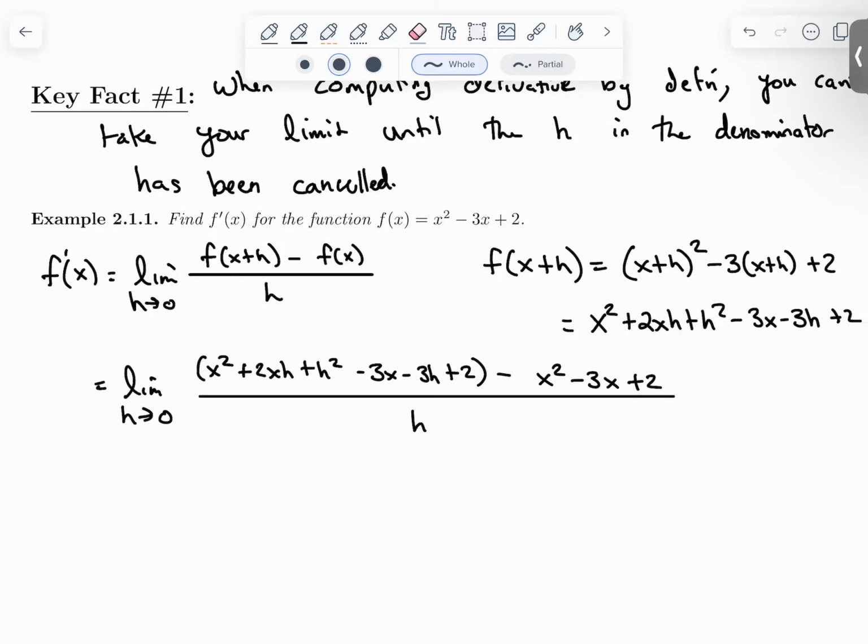Please put the parentheses so that you remember to distribute, okay? I'm going to skip some algebra and notice that if I do that, I'll have a positive x squared minus an x squared, so those x squareds cancel. I'll have a negative 3x minus a negative 3x, or a plus 3x, so those cancel.